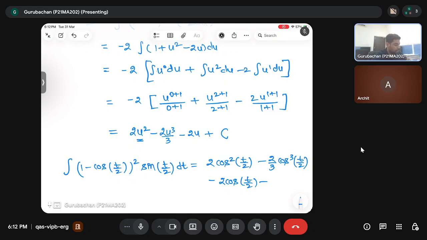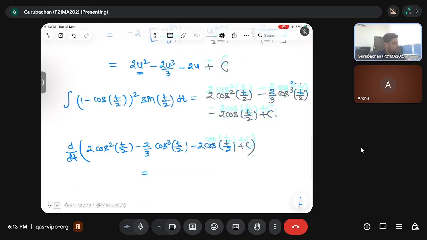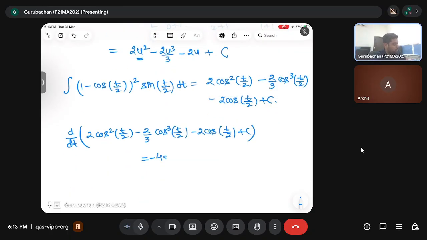Clear? Now you can re-verify also, just for better understanding. So this will be 2 by 3 cos cube t by 2 minus 2 cos t by 2 plus some constant. So what will be the derivative?